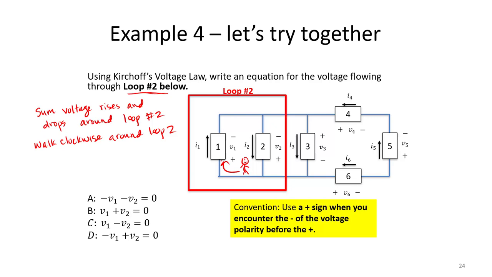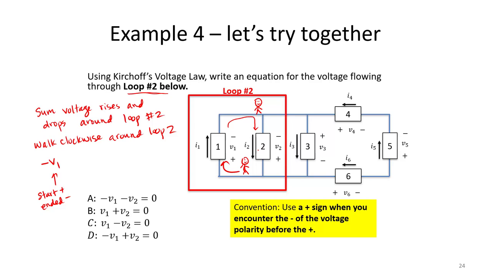So here, if I start at the bottom of my loop and head toward component 1, we'll see that I first experience the positive and then the negative side of the component. So in this case, my V1, I'm going to treat as negative because I started positive and ended negative. Then I keep walking.